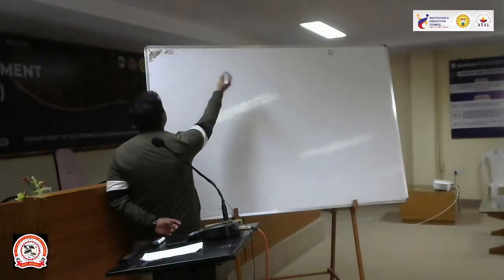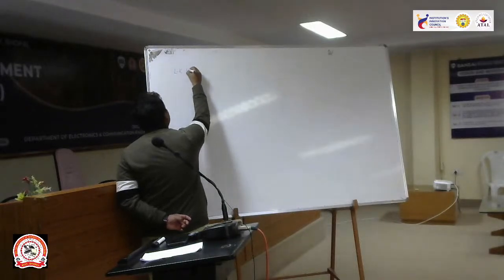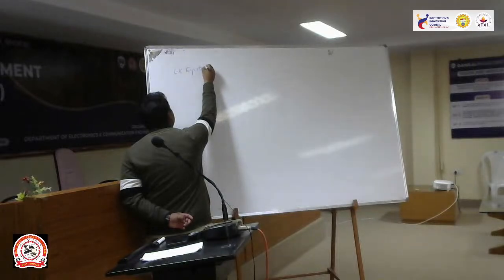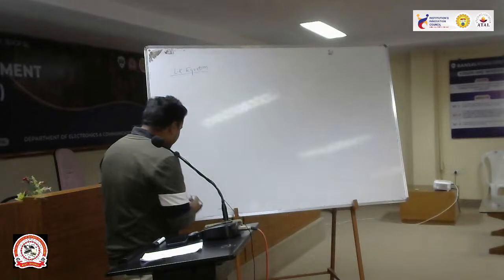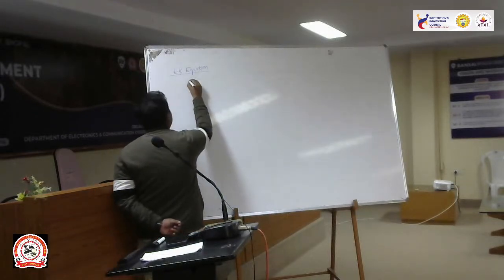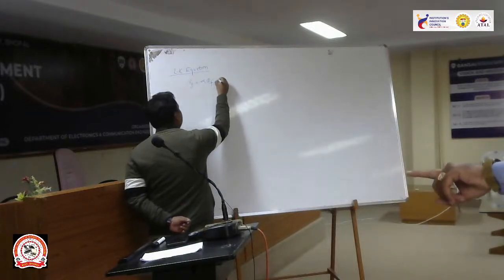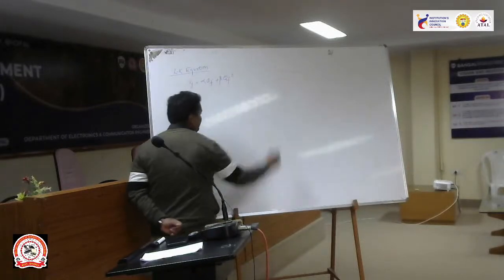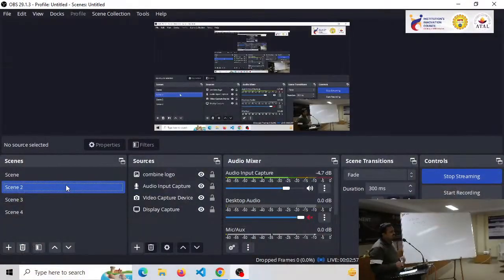Now, as we all know, ferroelectrics are governed by an equation known as the LK equation, the Landau-Khalatnikov equation. This equation says Vf equals alpha Qf plus beta Qf to the power of 3. There is one more term called gamma, but we are considering a second order transition material.